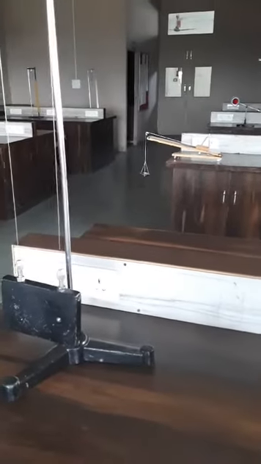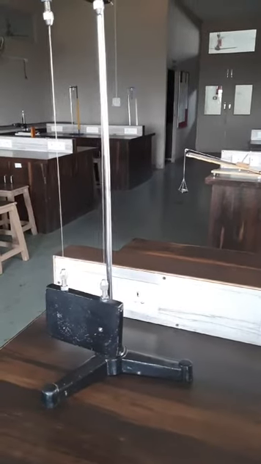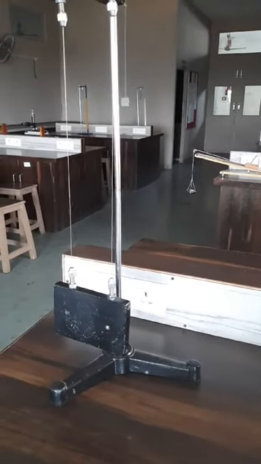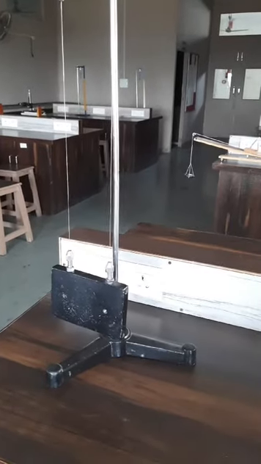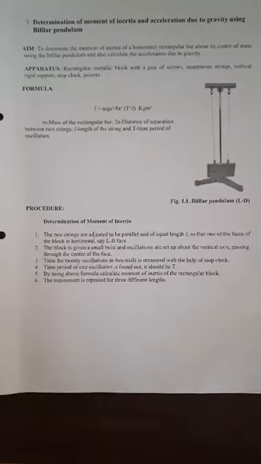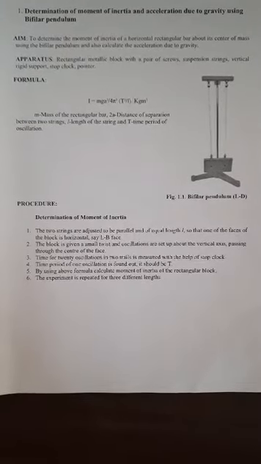So these are the basic requirements, the apparatus required for completing this experiment. Let me show you the lab manual for this particular experiment. Here is the lab manual for this experimental setup.